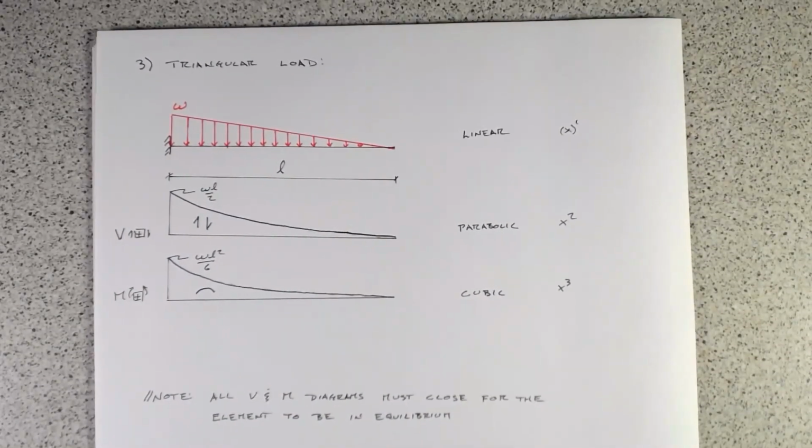And as I said before, note that all your shear and bending moment diagrams must close in order for this to be in equilibrium. You can use that similarly to the way we use a statics check: if your shear and bending moment diagrams don't close, then you know that you've made a mistake somewhere.